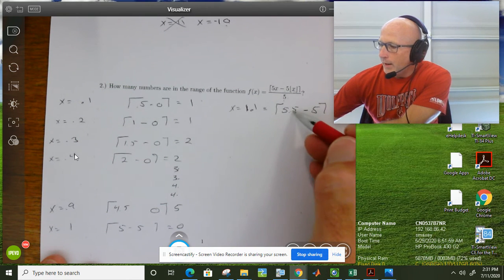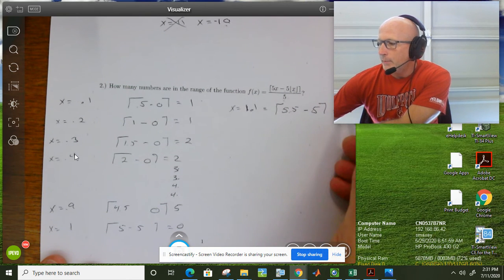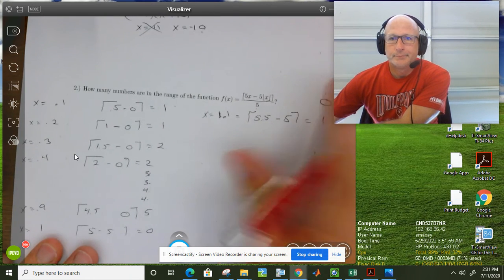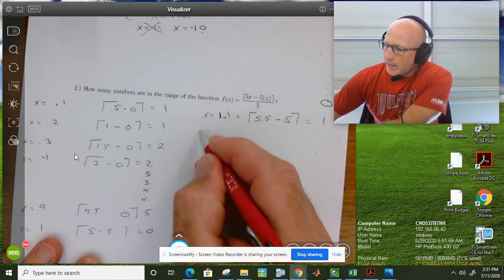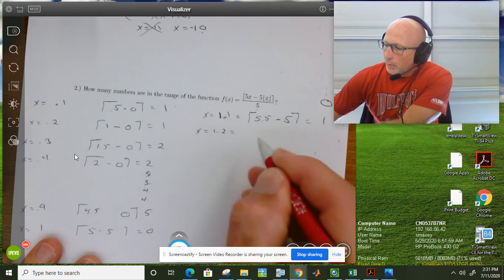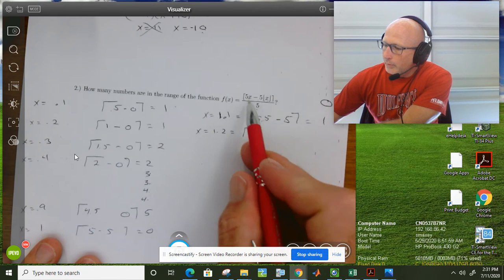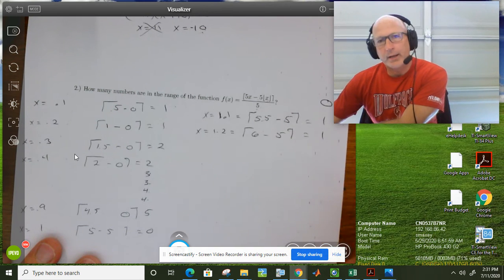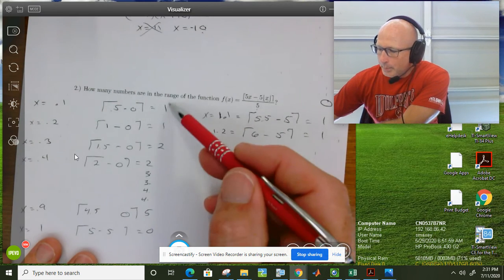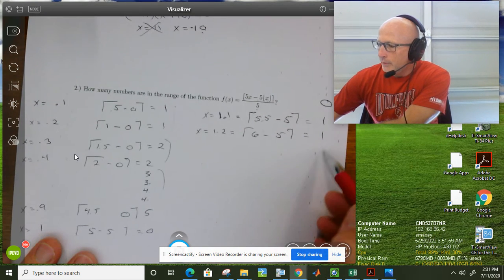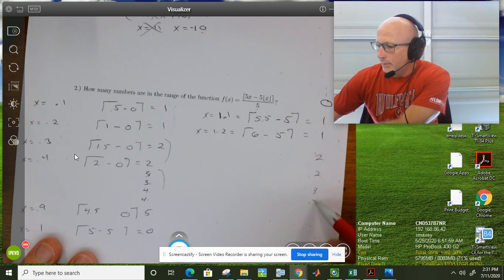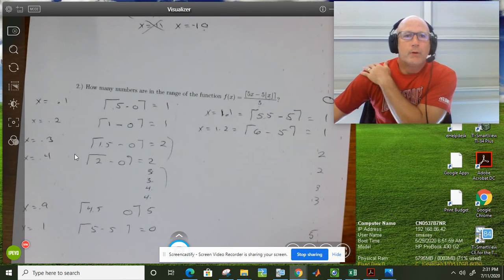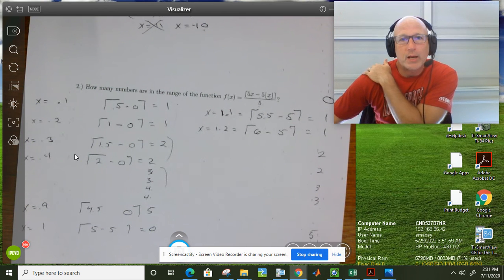So 5.5 minus 5 is 0.5, which rounds up to 1 again. What about x is equal to 1.2? 1.2 times 5 is 6, minus 5 again, which is 1 again. You can see the process is going to repeat. The next two are going to be 2 and 2, and 3 and 3, and so on all the way up until 5.